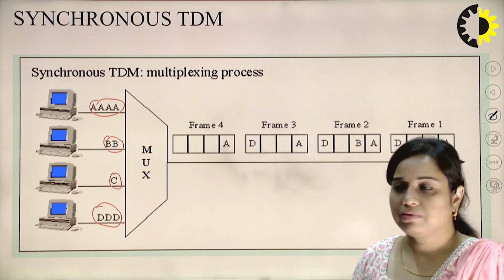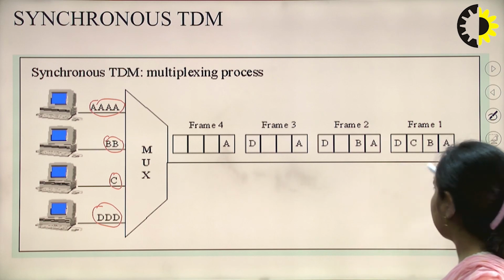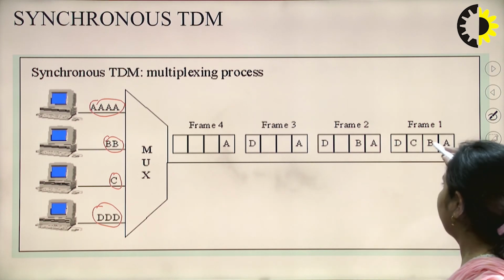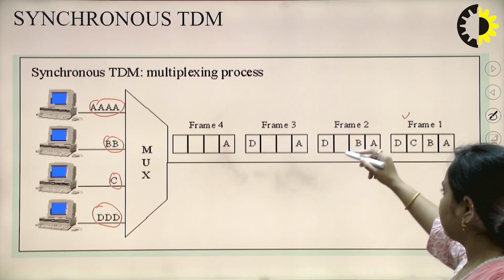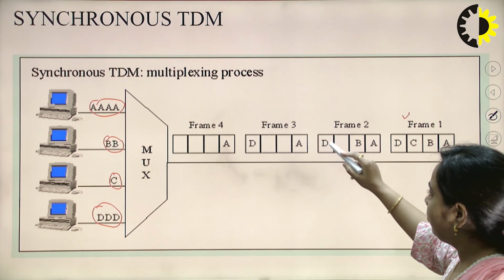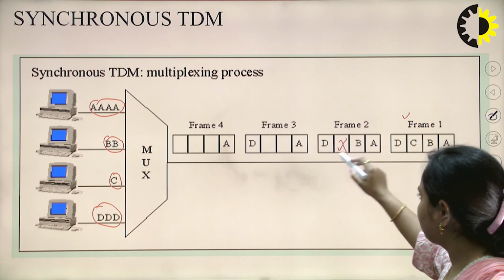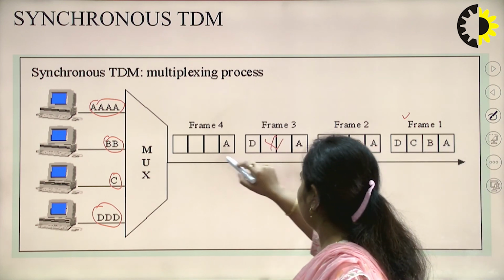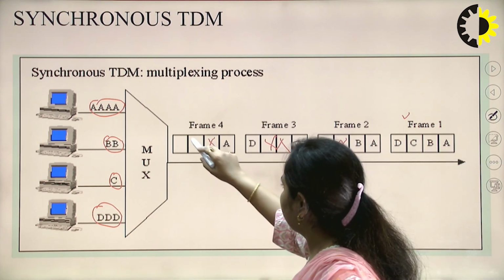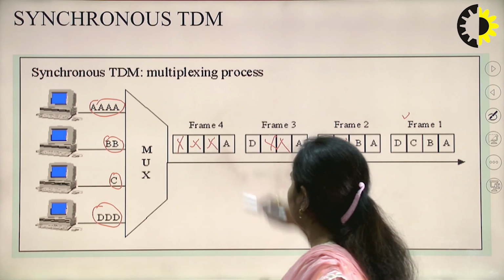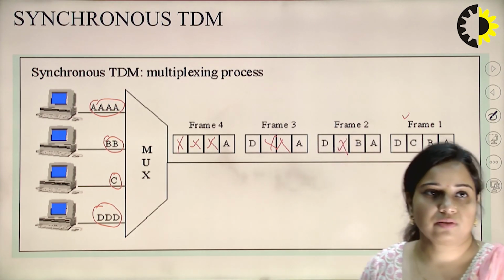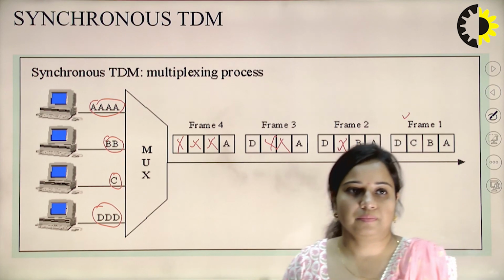So 4 frames will be formed: the first frame has all the first bits of the 4 different users, and frame 2 has the next. Since only 1 bit is associated with the third user, this space will be vacant, and this is how we have to transmit. We cannot reduce the frame size. So this is the case for synchronous TDM.